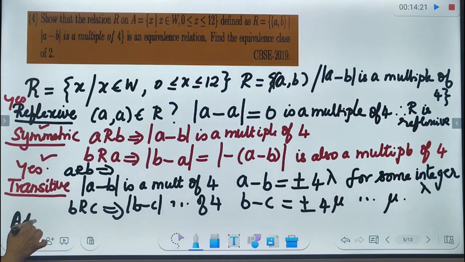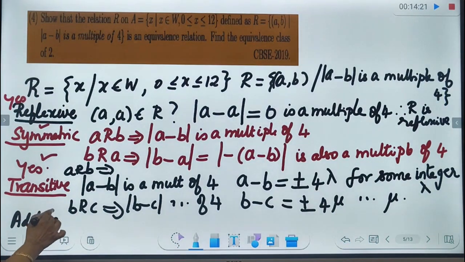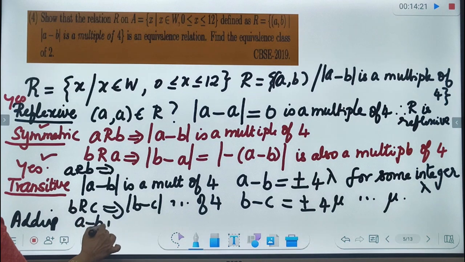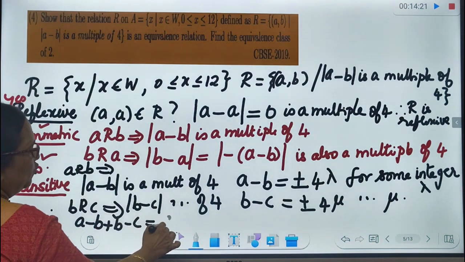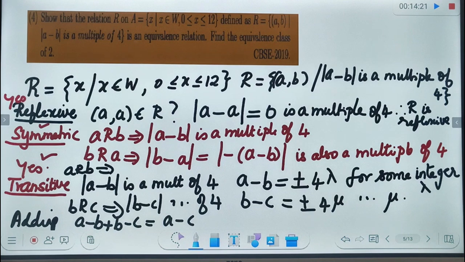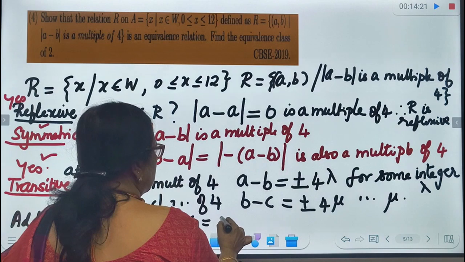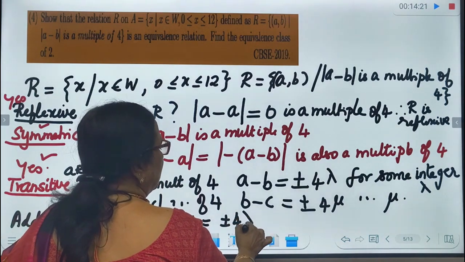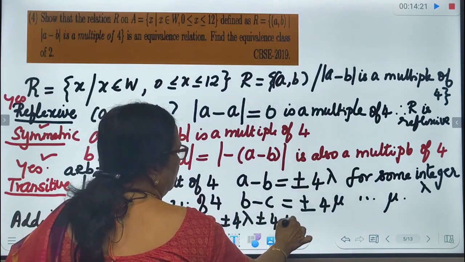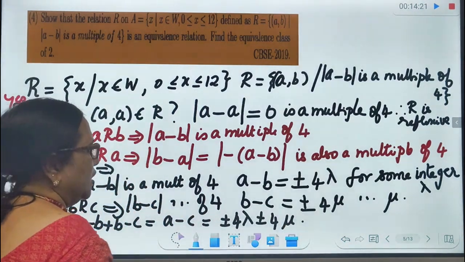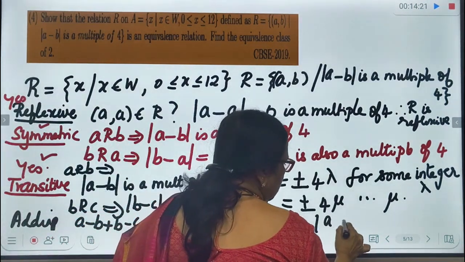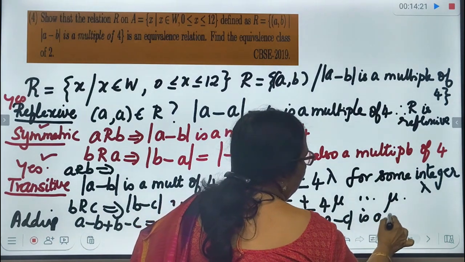Adding A minus B plus B minus C will give you A minus C, which will be what? Plus or minus 4 lambda plus or minus 4 mu. Okay, so modulus of A minus C is a multiple of 4.